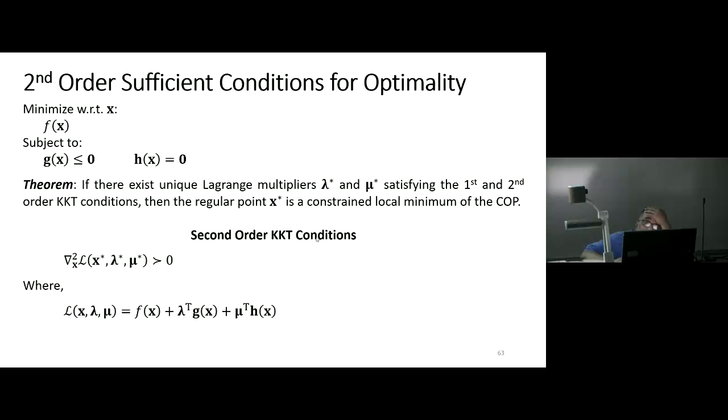And the second order sufficient conditions are just like the second derivative must be greater than 0 for minima. Here, by default, we're trying to minimize. So the second order KKT condition says that the second derivative of the Lagrangian must be positive definite.